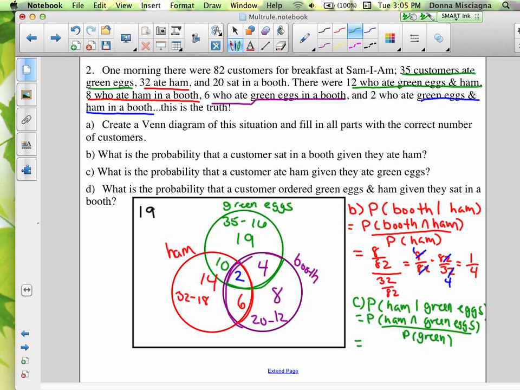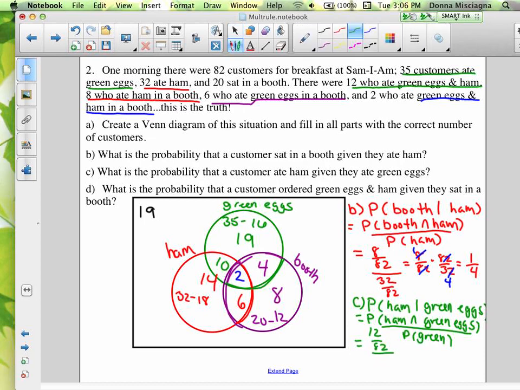That would be the 10 and the 2, so 12 out of 82, divided by the probability of green. There are 35 in the green, we can remember that there were 35 people who ate green eggs. If we add the 19, the 10, the 2, the 4, we get, of course, 35.